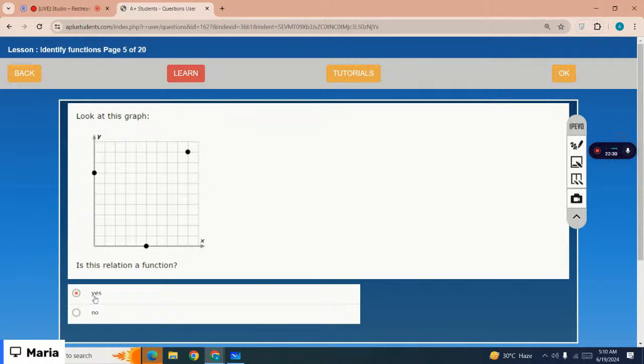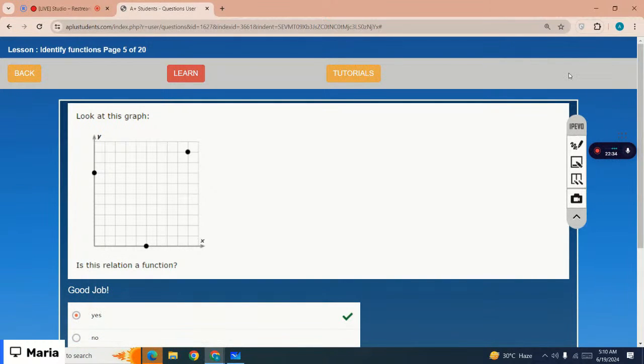Because for each x value, you have only one y value. So the correct option is yes.